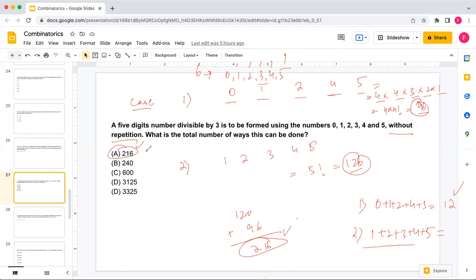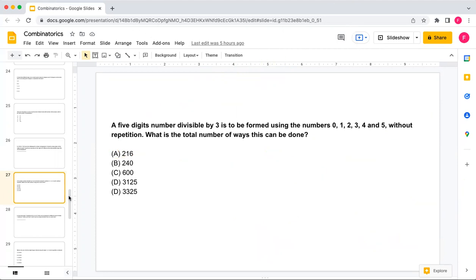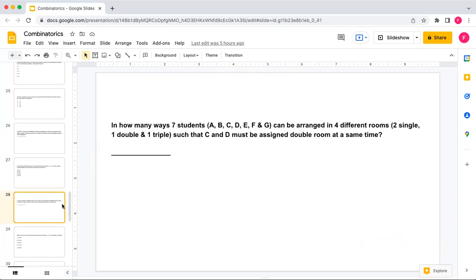Any question in this? No question. Just solve this later.